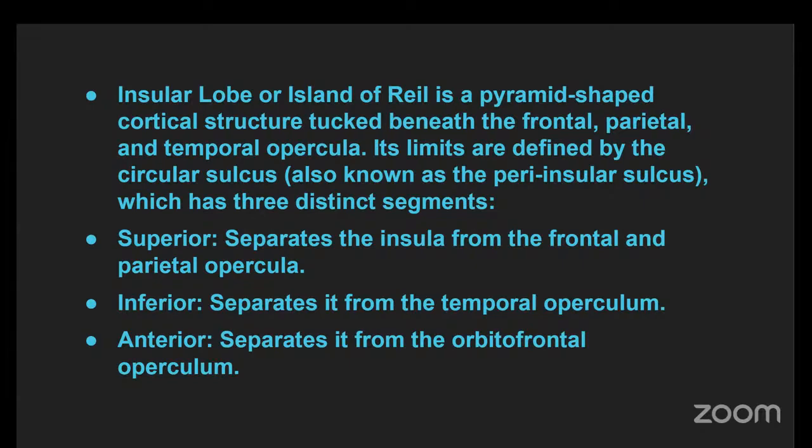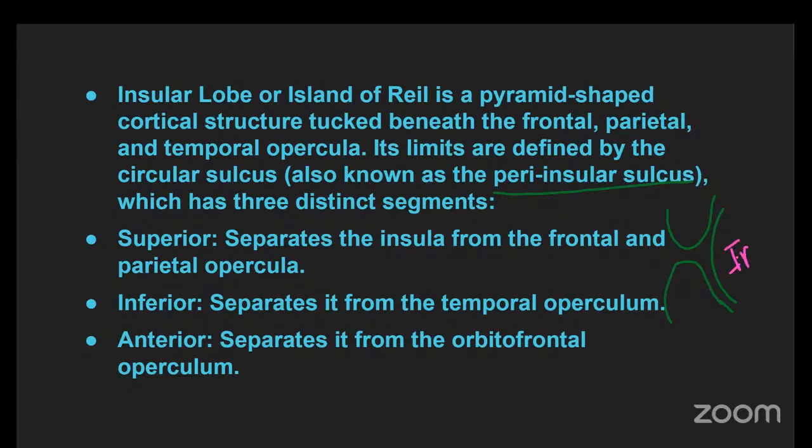The limit is circular sulcus, which is also known as peri-insular sulcus. It is deep in the Sylvian cistern. It has 3 segments. Let's draw a very rough illustration of insula, the frontal operculum and the temporal operculum.